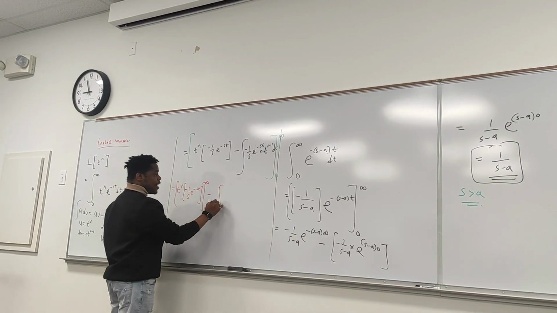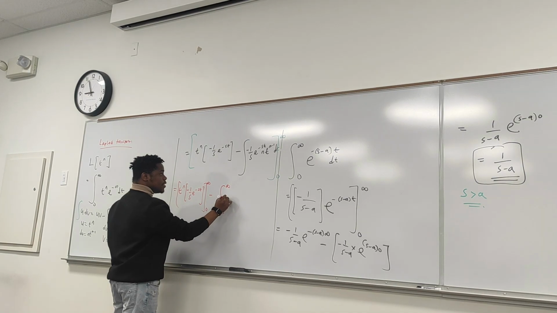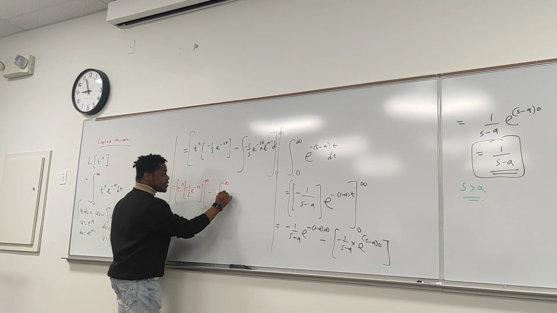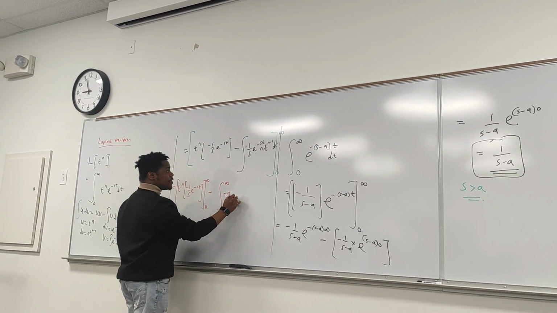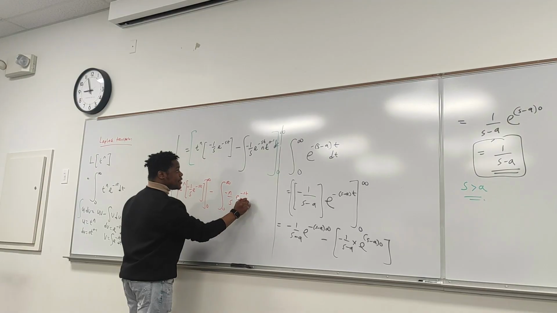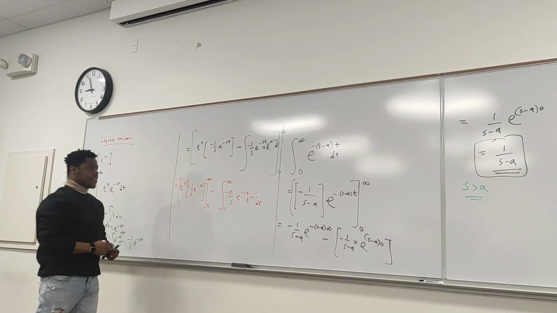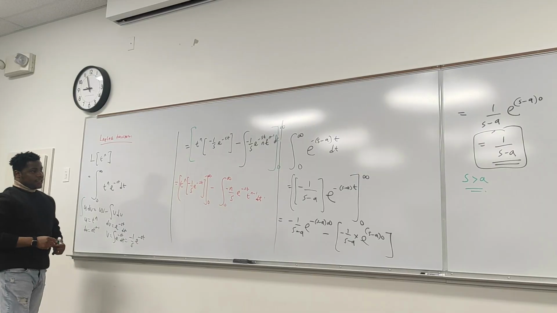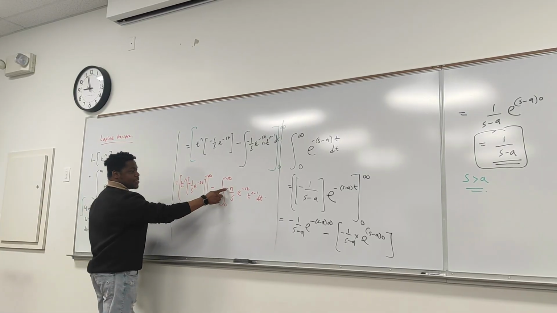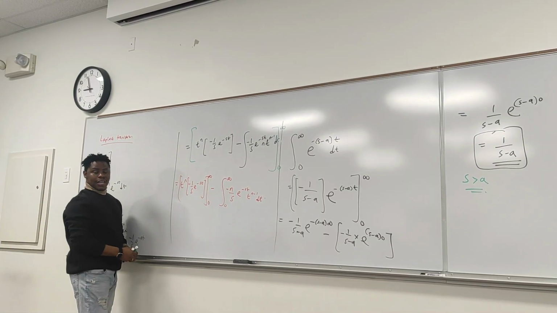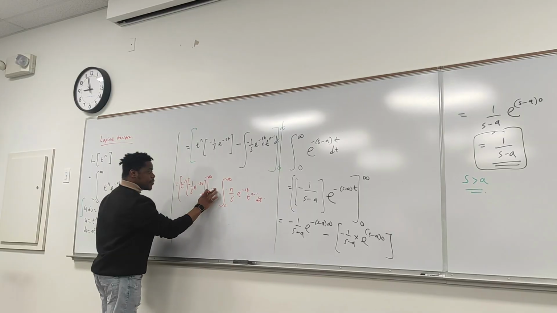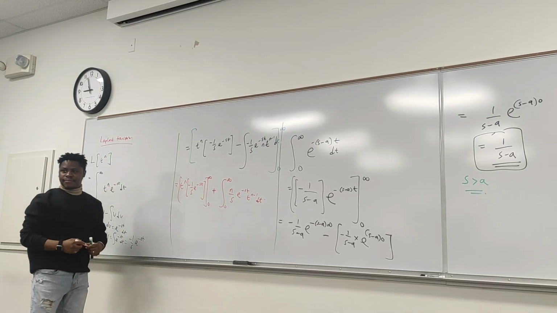Minus the integral from 0 to infinity of minus n over s exponential minus st t to the n minus 1 dt. Okay. This minus and this minus can change this to plus. Let's make it simpler. So this can be plus.